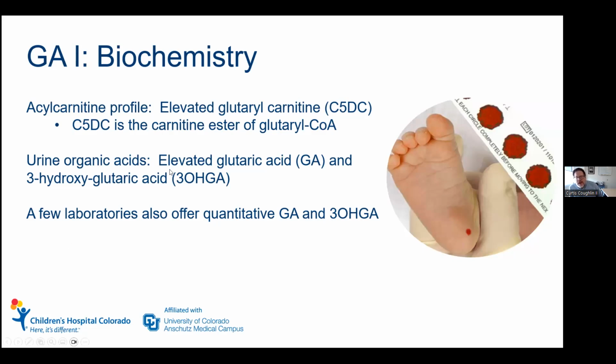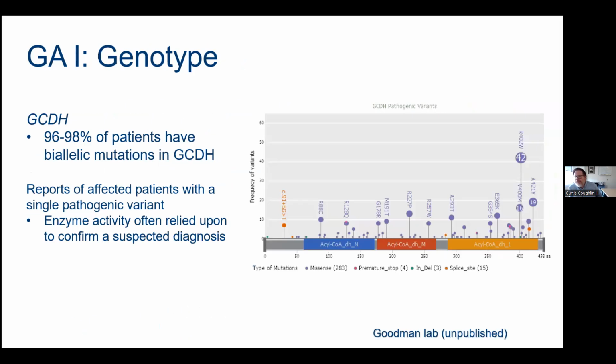We often are looking at glutaric acid and 3-hydroxyglutaric acid in urine organic acids to confirm this diagnosis if we're just talking about biochemistry, although a few labs will also offer quantitative glutaric and 3-hydroxyglutaric acid in urine or blood. But genetic testing is actually really good for this disease.